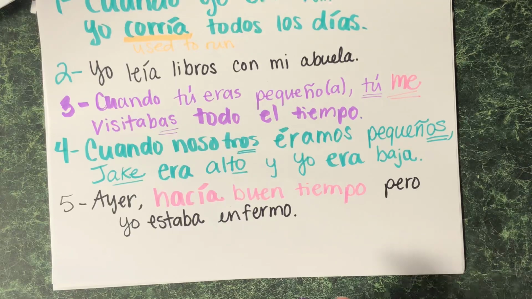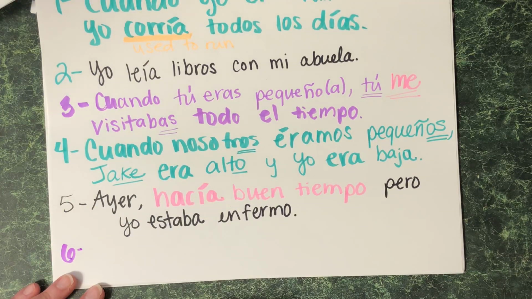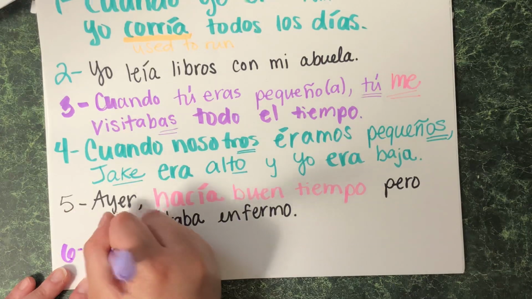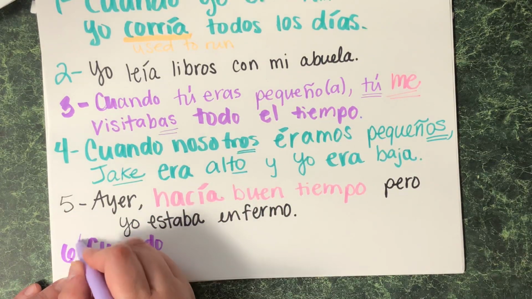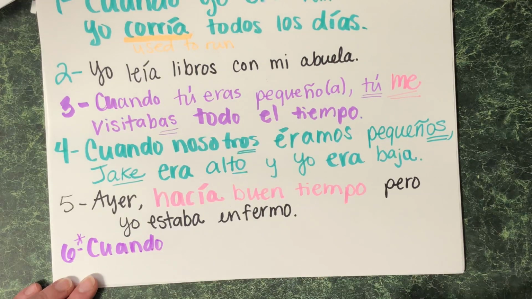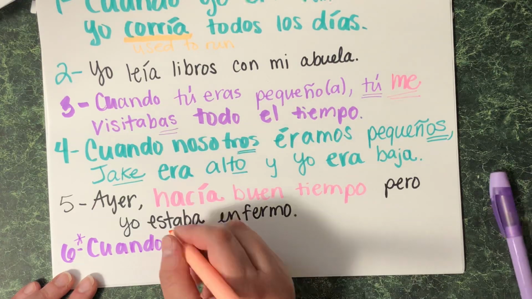Number 6. When we were 7 years old, put a star on this one, we used to eat a lot of candy. Cuando we were 7 years old. To express your age, you are going to put the verb tener.